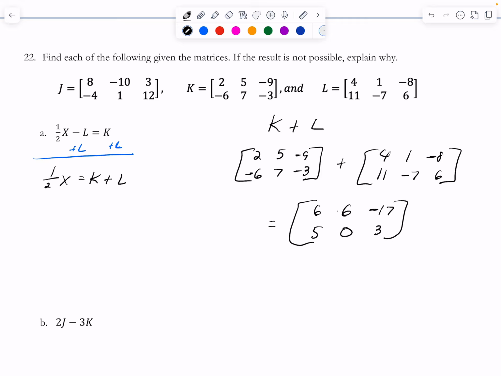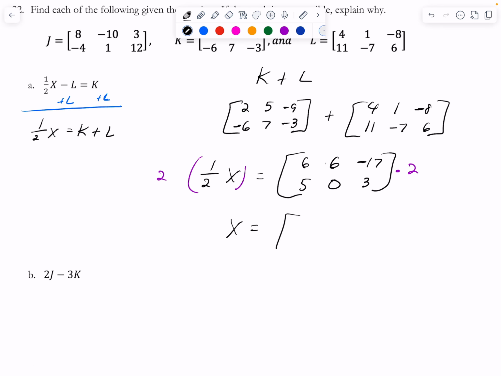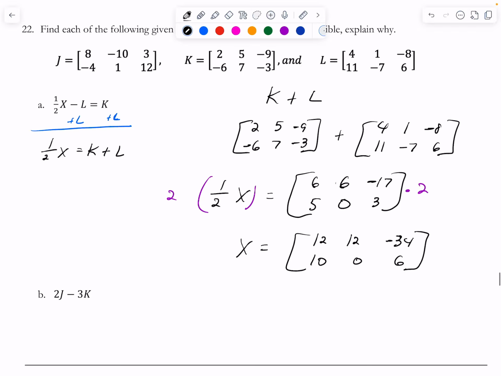Now that's equal to 1/2 times my matrix X. So to get rid of that 1/2, I'm going to multiply everything by 2, right? So times 2, that's scalar product. So matrix X will be equal to 12, 12, -34, 10, 0, and 6. So that is it for 22A.